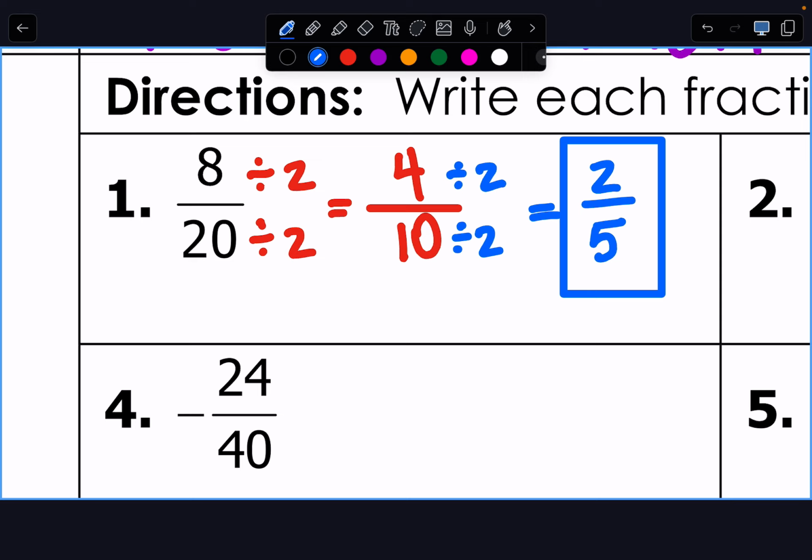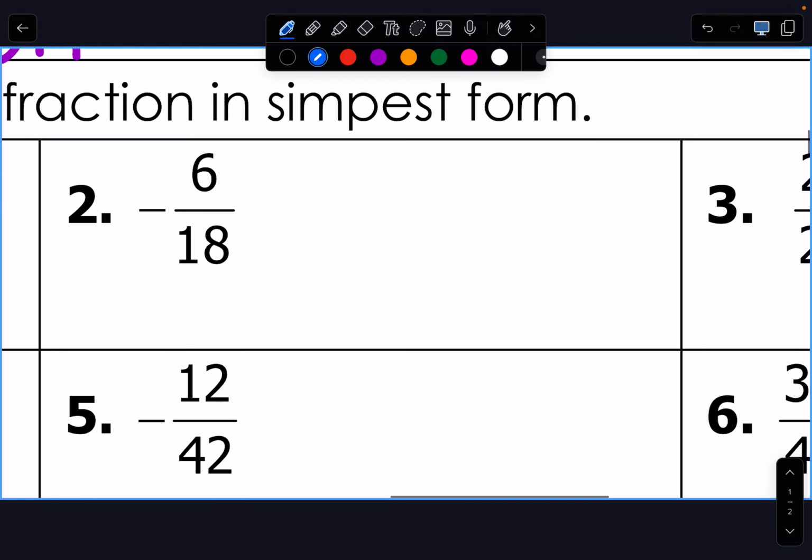How many times did you have to do division, Josie? Only 1 time. We had to do it 2 times. Sometimes we're going to get the biggest number right away to divide out. Sometimes we may not see it until we have to do it a couple times. Either way, it's fine. Okay? Just make sure you keep going until it's simplified.